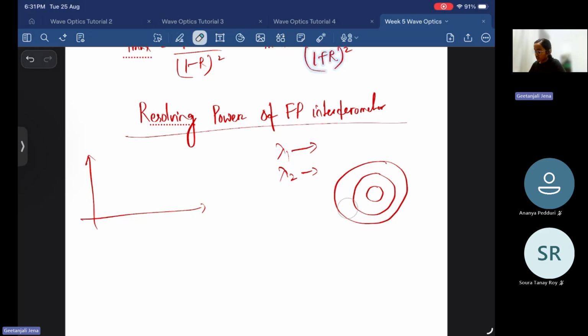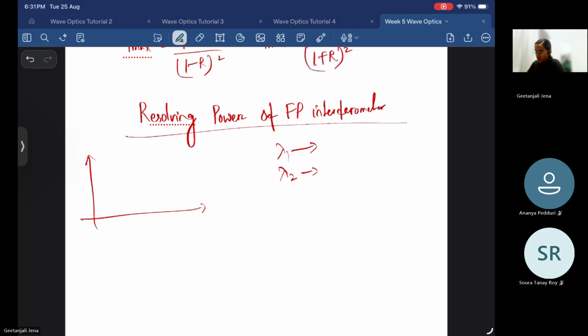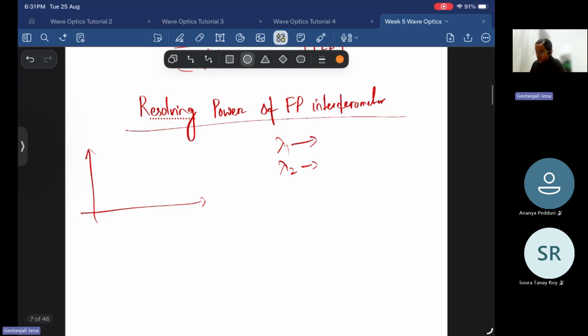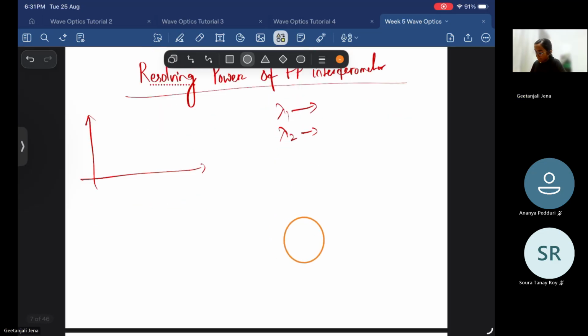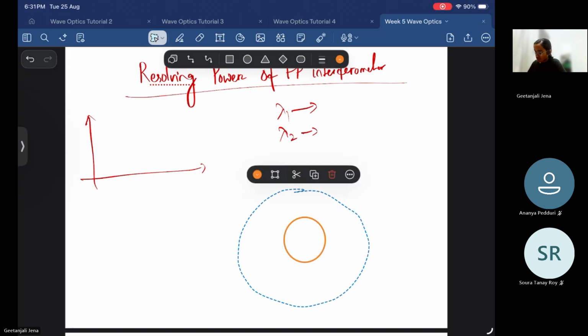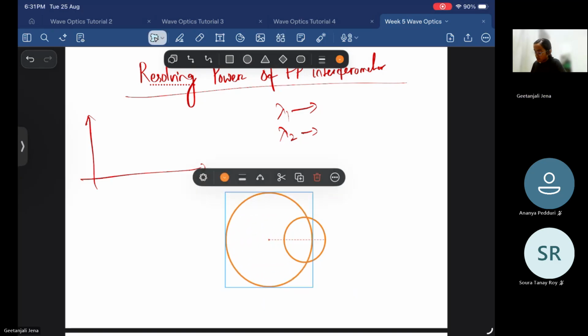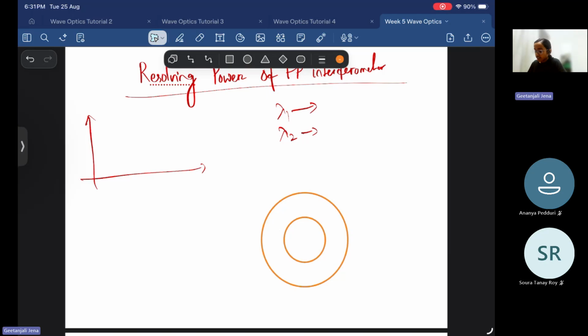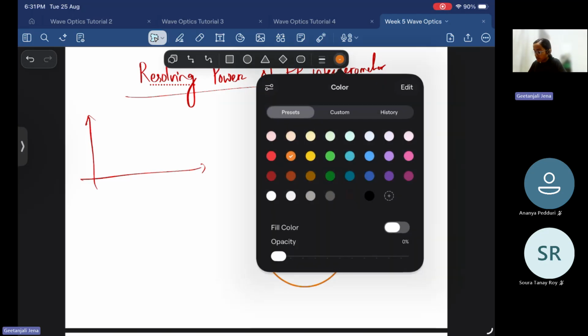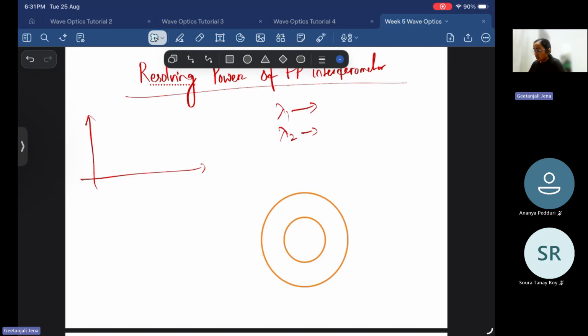Sorry, my drawing is not that good. So let's say that we have two wavelengths, then one of the wavelengths will create fringe patterns, and the other wavelength will also create its own fringe pattern.